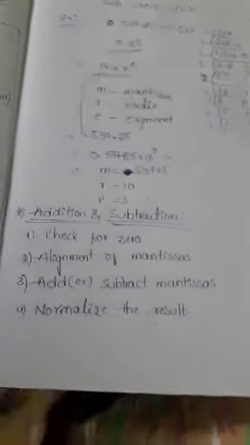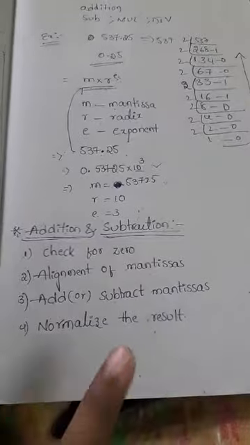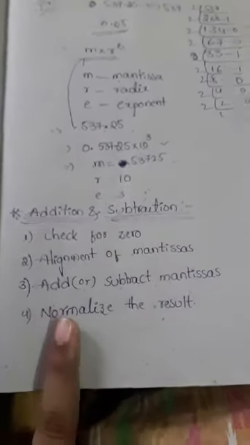These are the four rules we have to follow for performing addition and subtraction on any two floating point numbers.